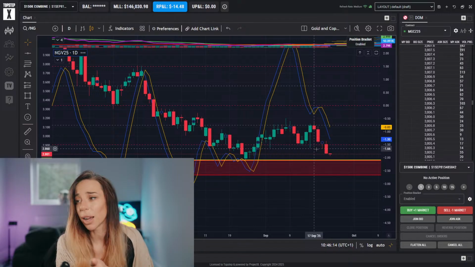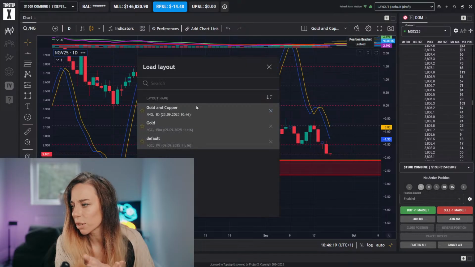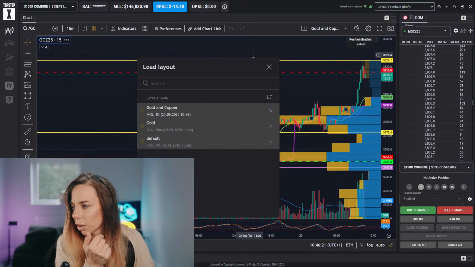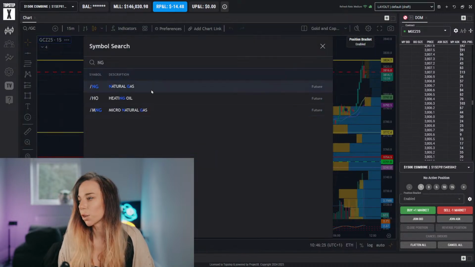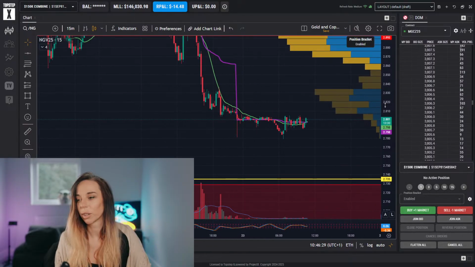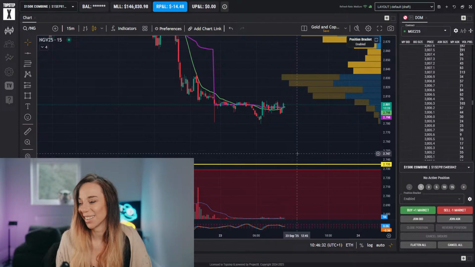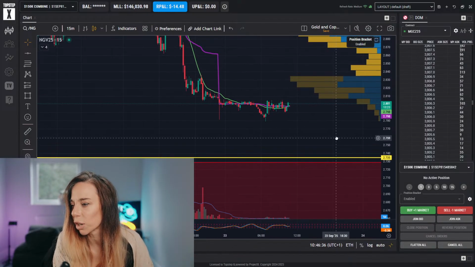I couldn't get it back. I actually had to reload the layout. Okay. But I don't know whether now natural gas is going to be stuck. No, okay, so that's back. Jesus. Someday I will learn all the charting quirks.